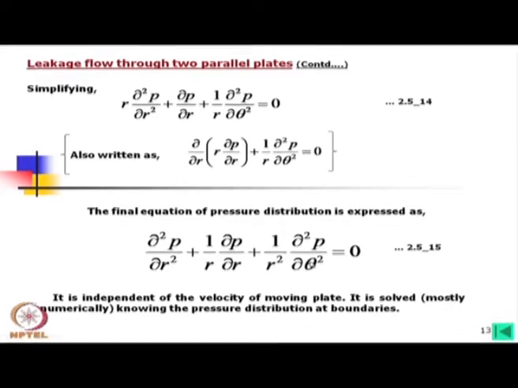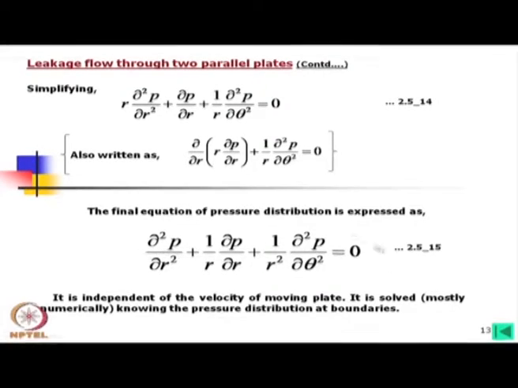Now, the question is, in that case, what is the benefit of developing these equations? These equations we have developed considering the gap is constant, there is no converging film. This means that if the capillary gap is maintained constant, then irrespective of the motion of the plates, the pressure distribution will be in this form.